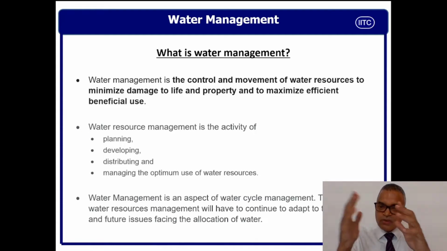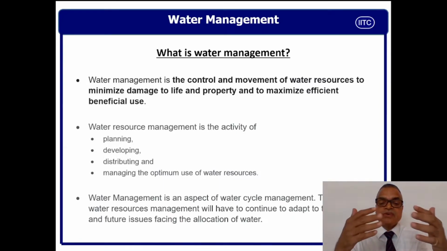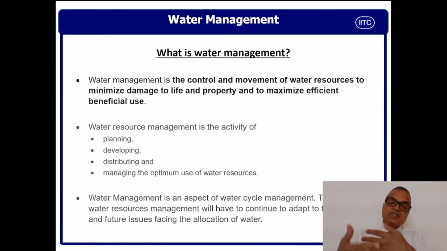In the following module, you will see how much water we have, how much of it is fresh water, how much we have access to, and how this accessible water can be used safely, comfortably, for a longer time, so that we can give this gift to our next generation.